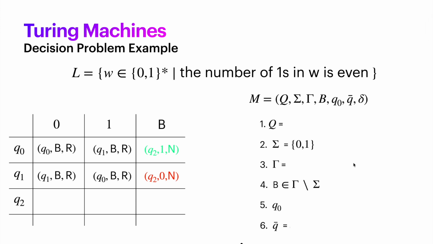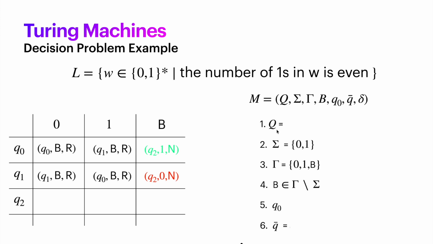Our input alphabet would be exactly 0 and 1. Why? Because the Turing machine would take the words w as an input, so it would have to match that. And then our tape alphabet would contain 0, 1 and the blank symbol. The blank symbol is just the same as before.